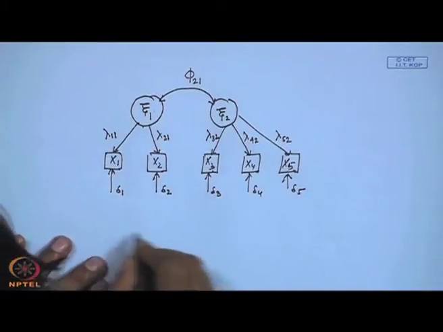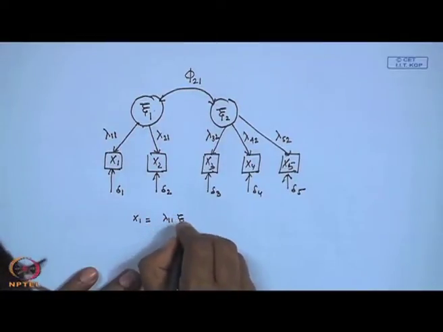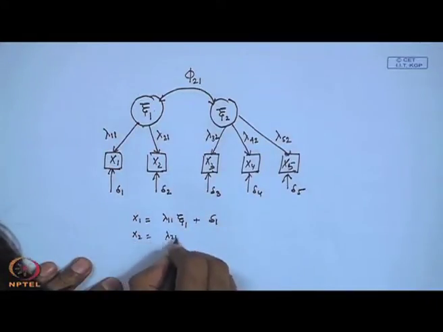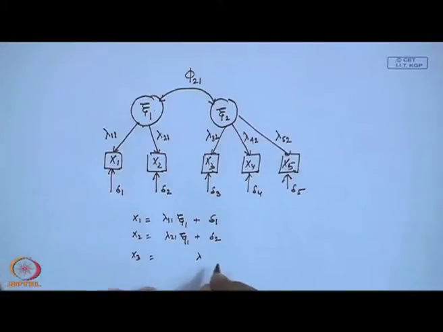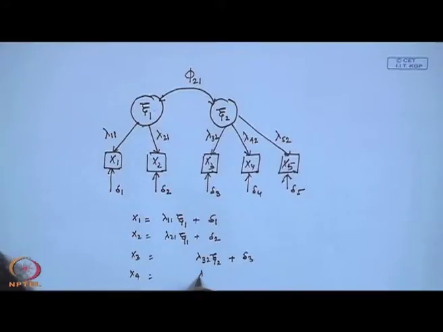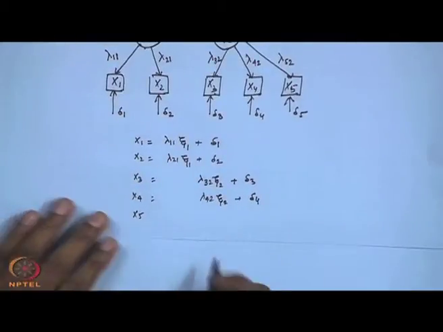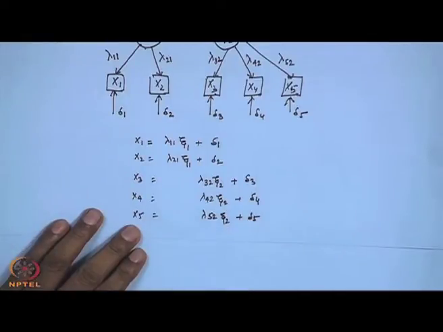We have written this in this manner: x1 equal to lambda 1 1 xi 1 plus delta 1, x2 equal to lambda 2 1 xi 1 plus delta 2, x3 equal to lambda 3 2 xi 2 plus delta 3, x4 equal to lambda 4 2 xi 2 plus delta 4, x5 equal to lambda 5 2 xi 2 plus delta 5.